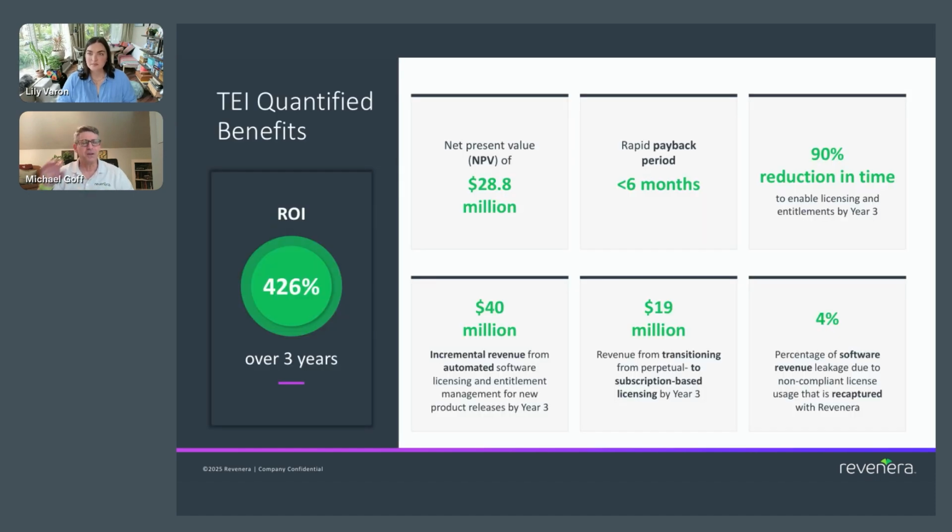I'll go through this quickly, but the things I think that are relevant to our discussion today are a payback period of less than 6 months. That's always great, but also a 90% reduction in time to bring out new models. And when we talk about software monetization, we're talking about entitlement management, and monetization services like dynamic monetization with elastic access to implement this token-based approach to monetizing AI.